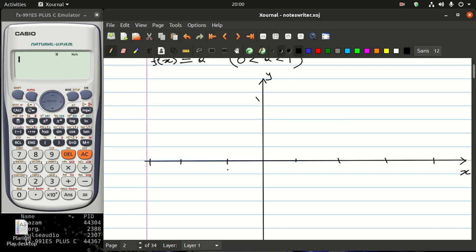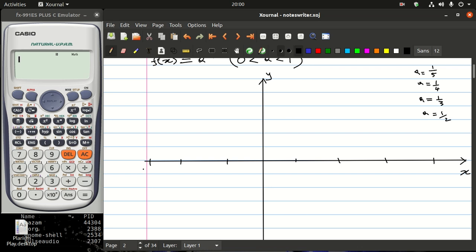Now what will really happen here is this. I want to pick a value in between 0 and 1, and I will make sure that I keep, let's say I'm gonna start with a equal to 1 over 5, and then I will go with a equal to 1 over 4, and then a equal to 1 over 3, and then a equal to 1 over 2, and then we analyze what happens.